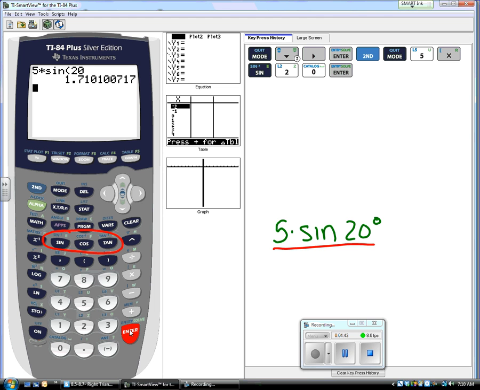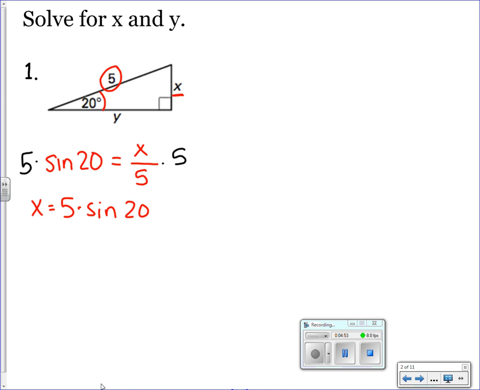You could just press enter. And we're going to round it to 2 decimal places, so x is equal to 1.71.